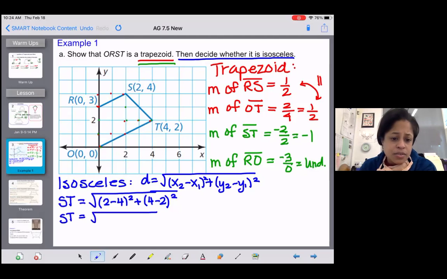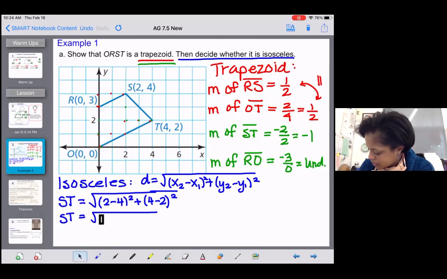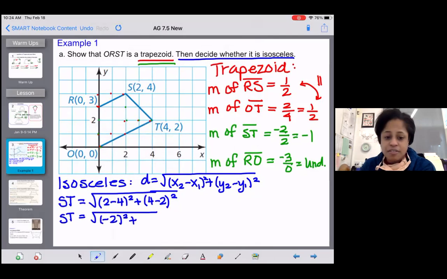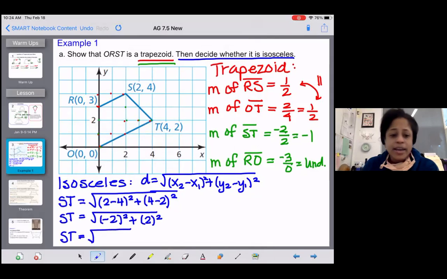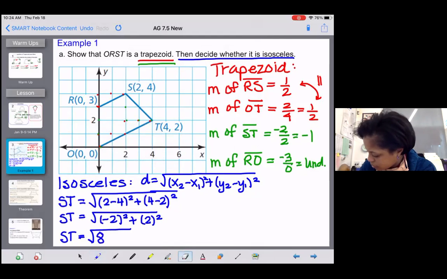So that's -2 squared, and then 4 minus 2 is 2 squared. I'm going to skip ahead because I'm going to run out of room. -2 squared is 4. 2 squared is also 4. So ST is the square root of 8.